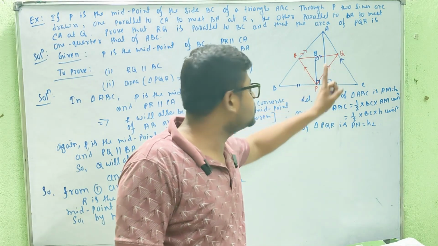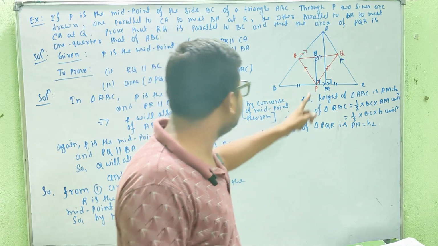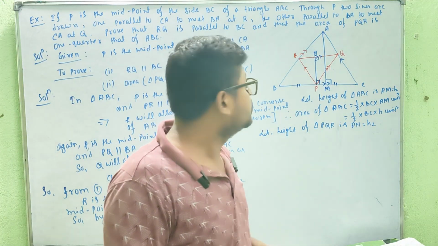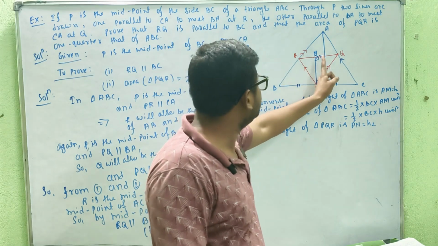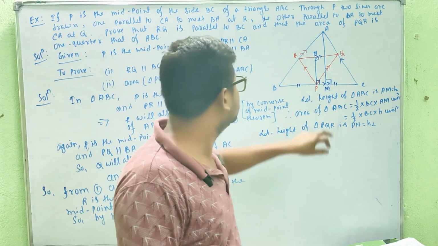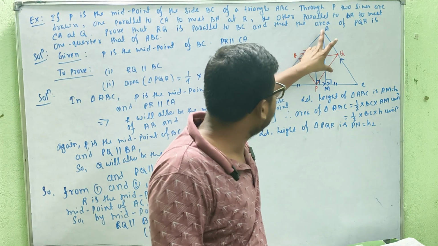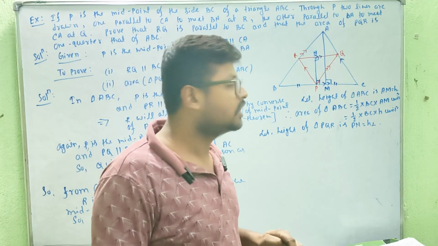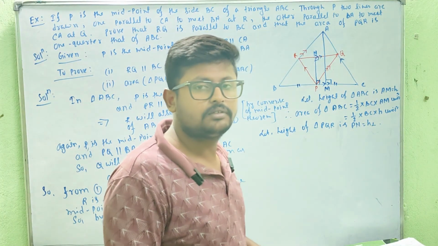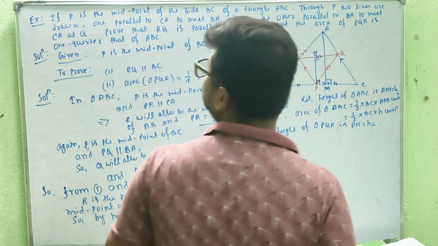This means these two lines are parallel. Right? And since these lines are parallel, we can say that the length of PM is half of the length of AM. Why is the length of PM half of the length of AM? Here PM equal to H2.